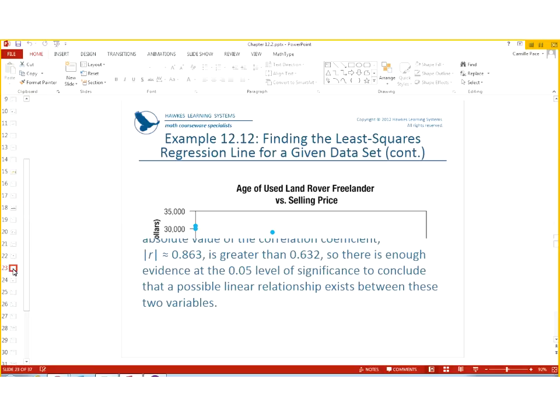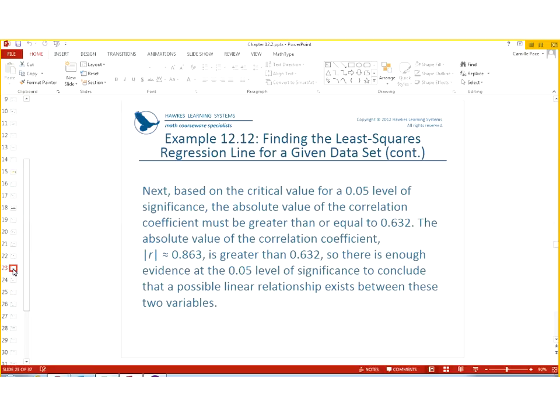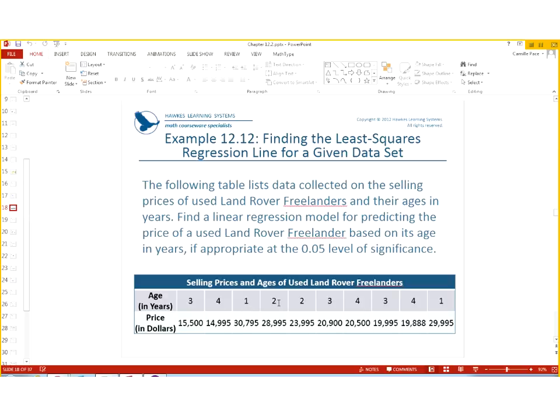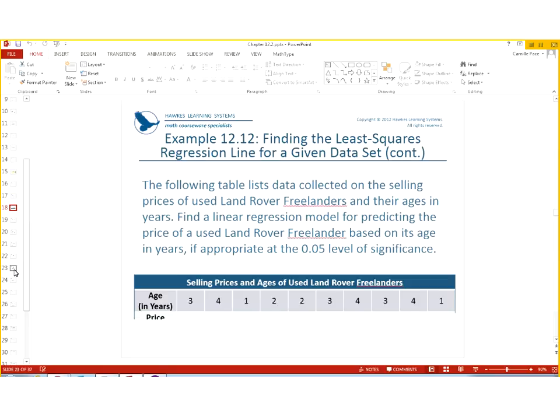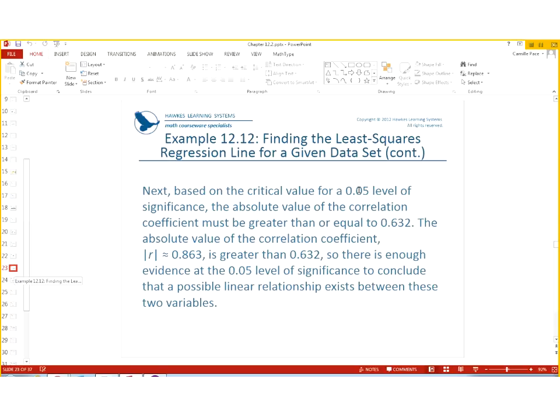Now we have to check the correlation coefficient to see if there's significance. Remember Table I in the back of the book. You need to figure out your n, so let's go back and look at n. We had 1, 2, 3, 4, 5, 6, 7, 8, 9, 10, so 10 sets of data, and a significance level of 0.05.